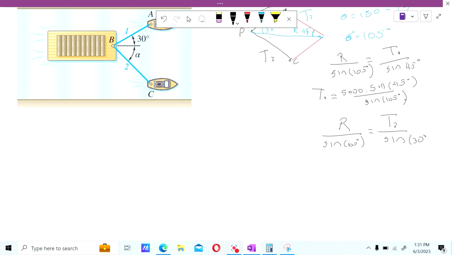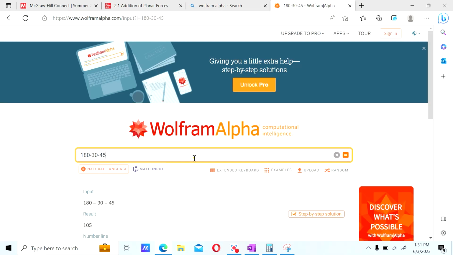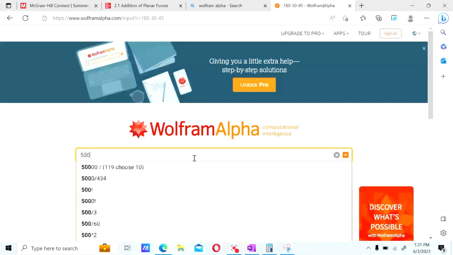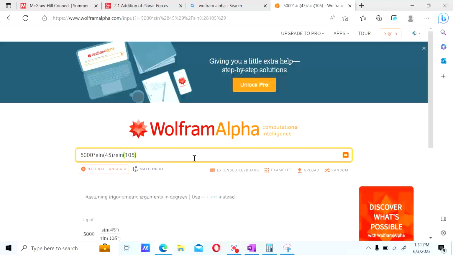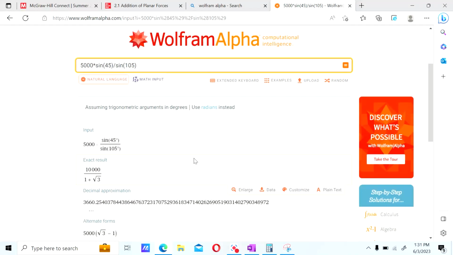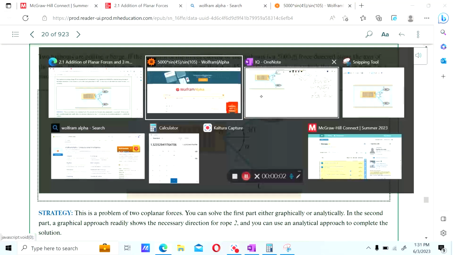Let's do that. 5,000 times sine 45 divided by sine 105 gives 3616 pound force.